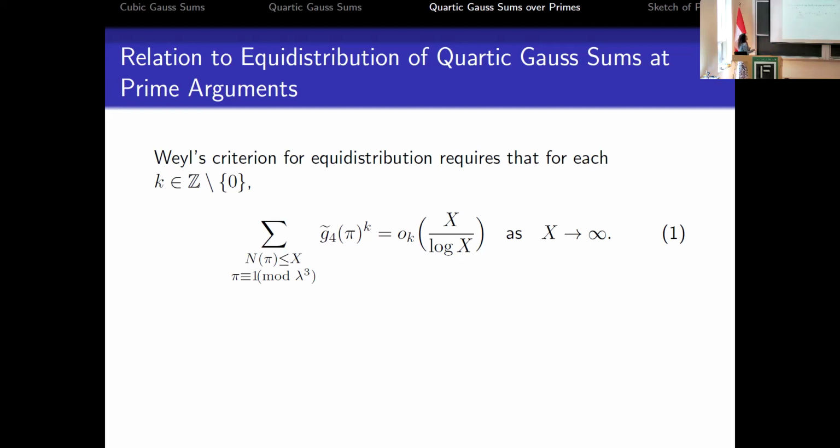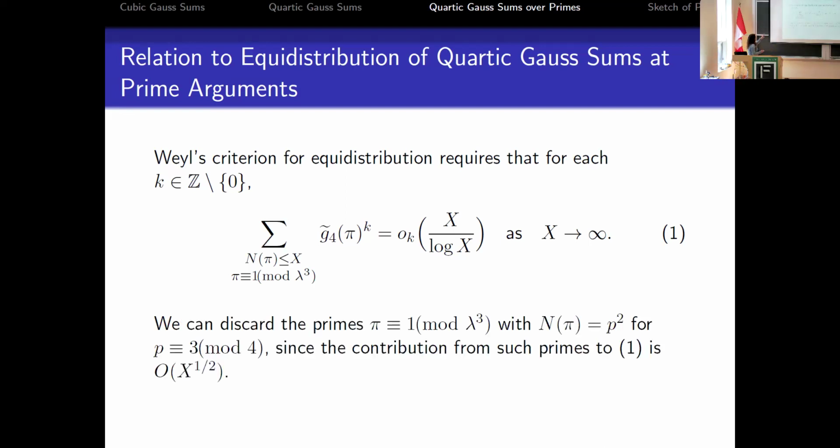But now, as it turns out, in this sum, in our particular setting, if you have a prime that is congruent to 1 mod lambda cube, its norm will be p squared for some rational prime p congruent to 3 mod 4, or its norm is going to be p, where p is a rational prime congruent to 1 mod 4.